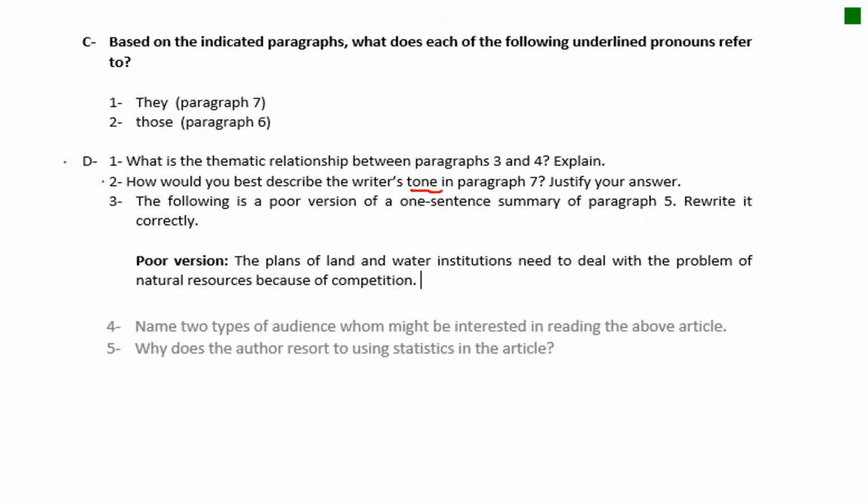So if the author is just listing numbers, statistics, and with no real emotions, he is being neutral, scientific, objective. Obviously, the tone of the author, we'd write here, objective and scientific, or neutral and scientific, and so forth.